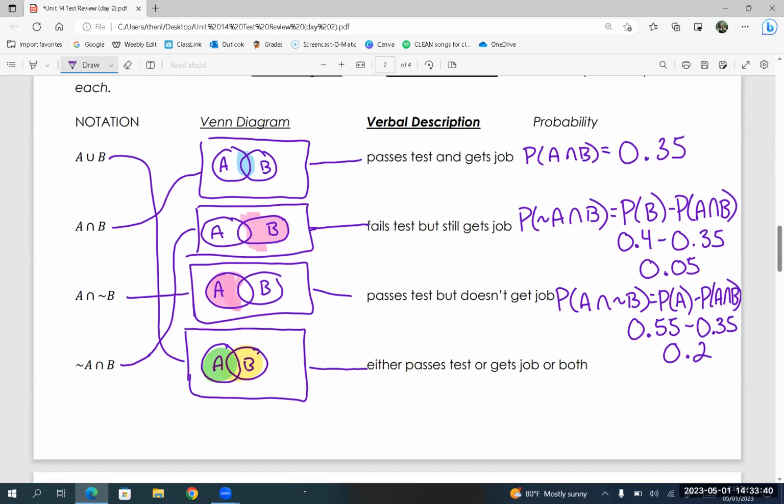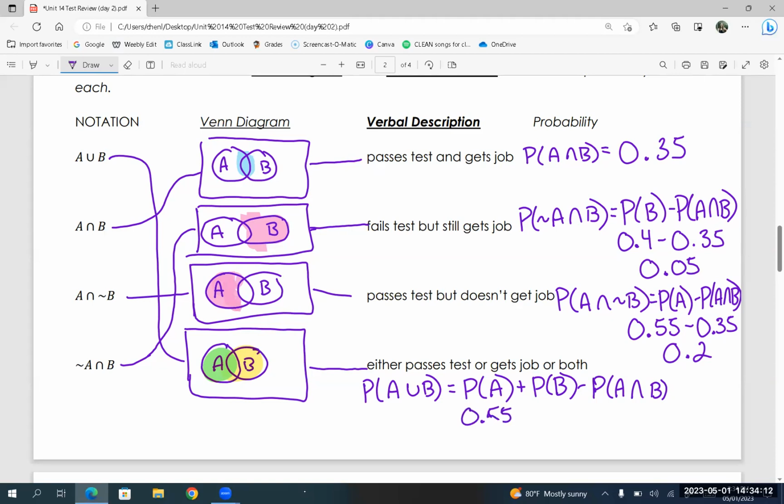Okay, then last one, either passes the test or gets the job or both. So this would be the probability of A or B, which would be equal to the probability of A plus the probability of B minus the probability of A and B. So the probability of A is 0.55.